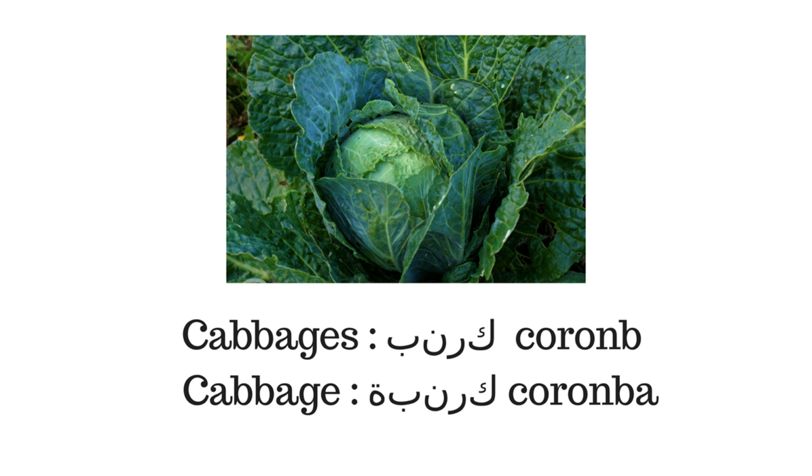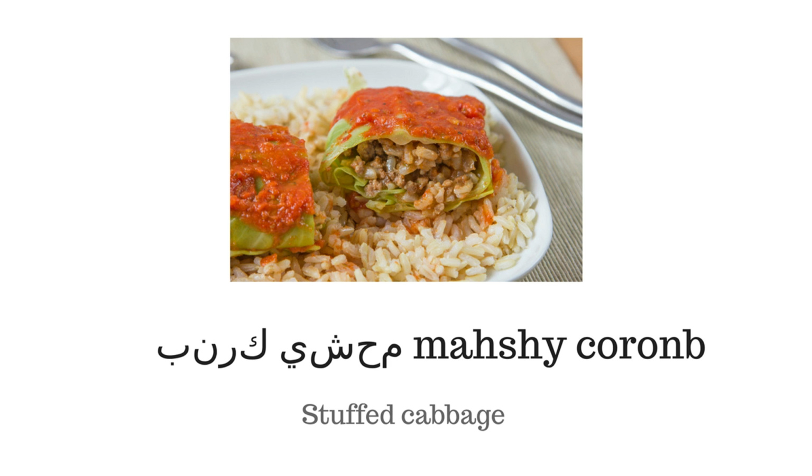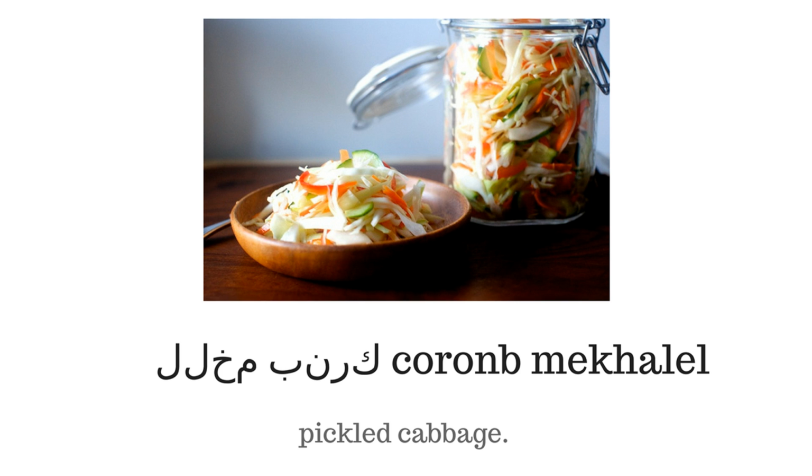A lot of leaves. We take these leaves and cut them in 2 or 4, depending on how big the leaf is. We cut them in squares and stuff them with rice or rice and meat. And this is called mahshi kurumb. There's also something we can pickle.